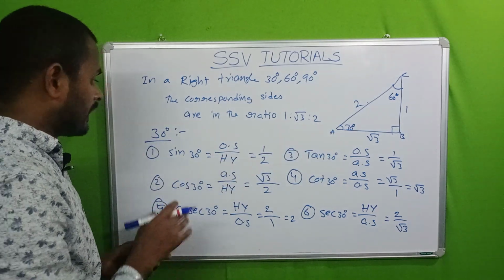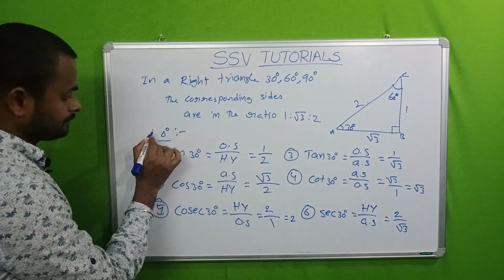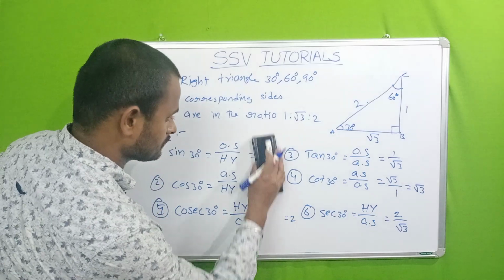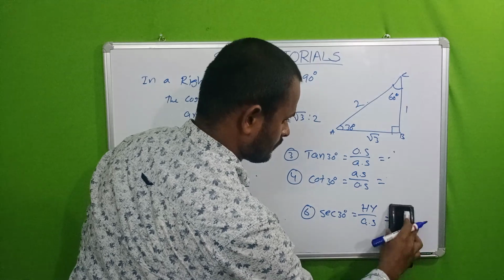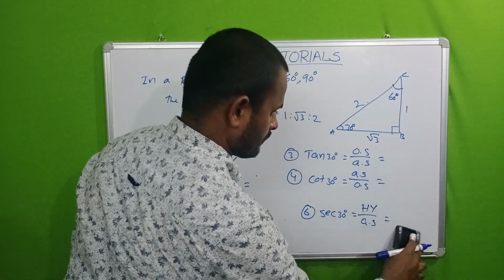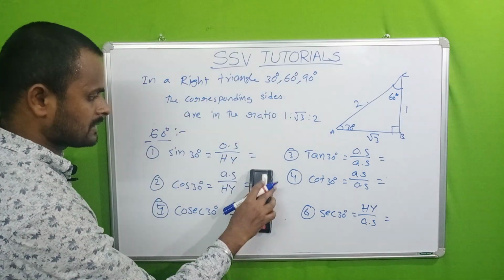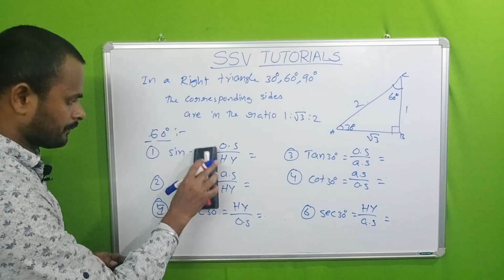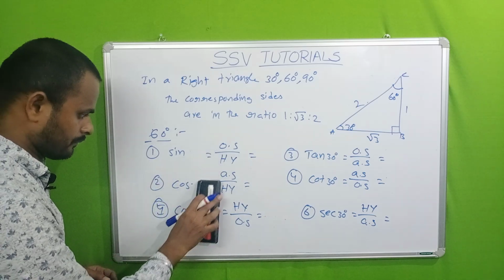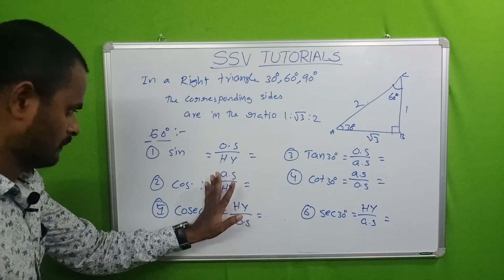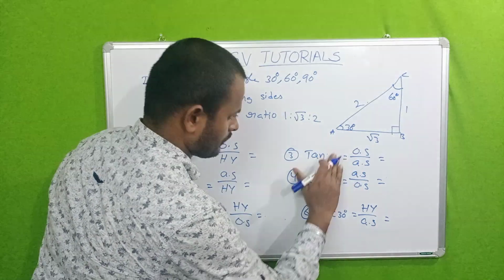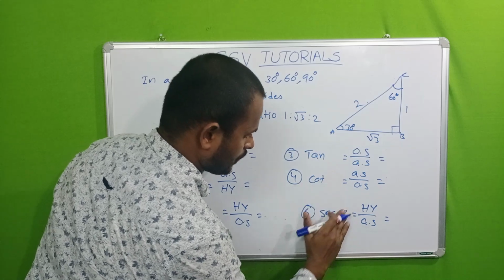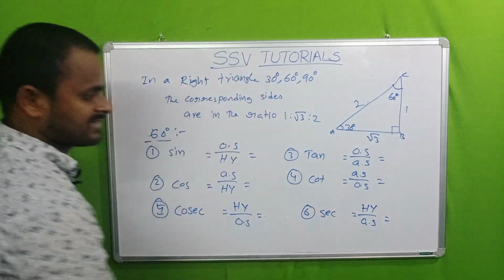Now we have to look at 60 degrees. So now the angle is 60 degrees. Sine, cos, tan, cot, secant and cosecant.